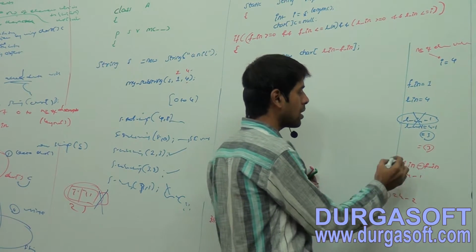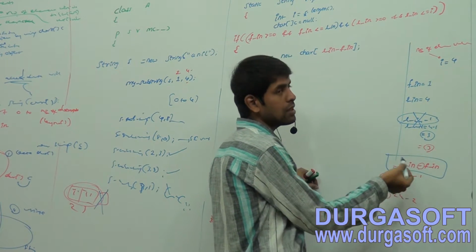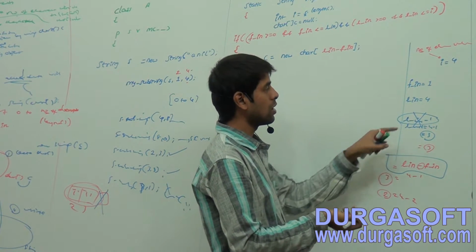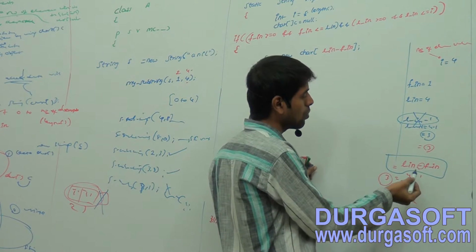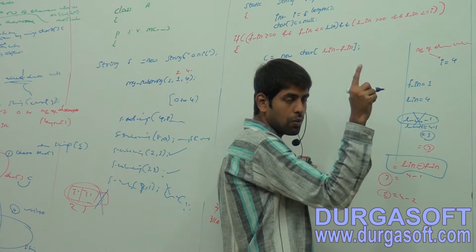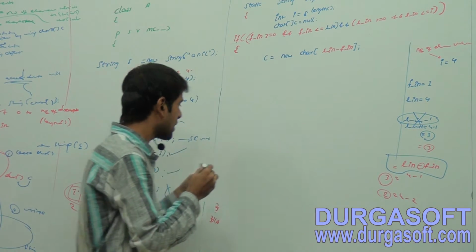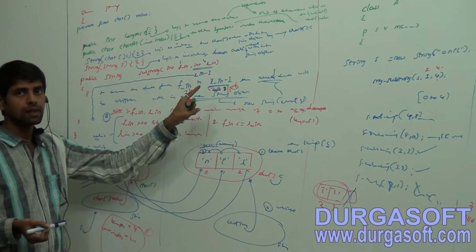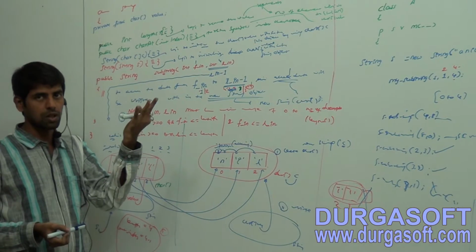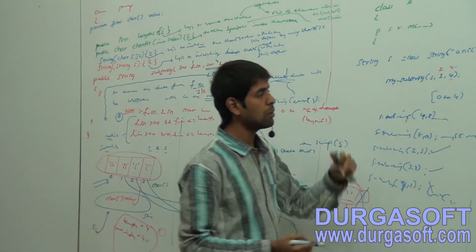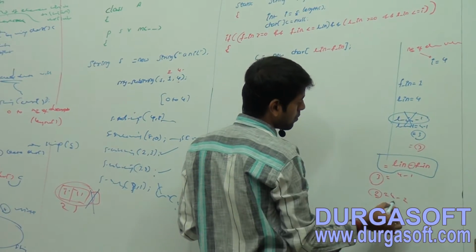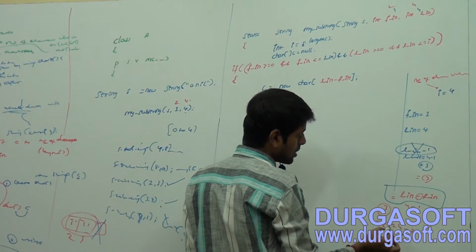So let me try the other one. What is that? Last index minus first index. Let me try whether it works or not. Last index value is what? 4. 4 minus first index value 1, I am getting 3. Fine. It is working for the first case, first index to third index, 1 2 3, 3 blocks. Now let me check for 2 comma 4. 4 minus 2, so what is the value?